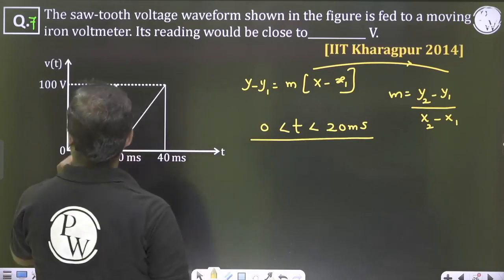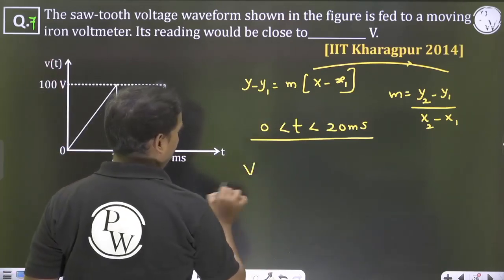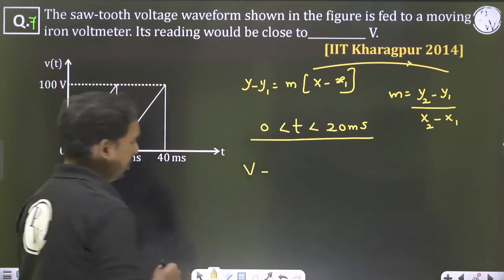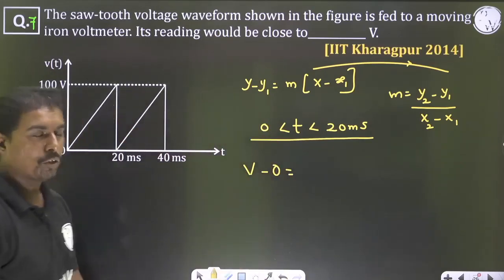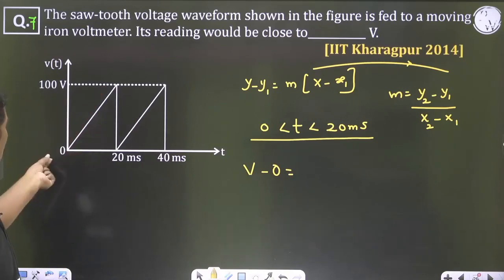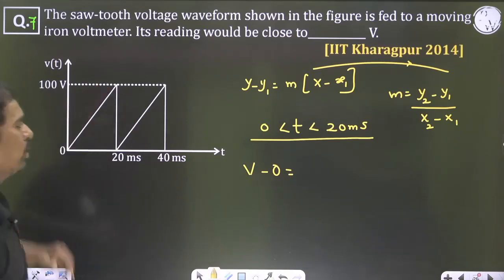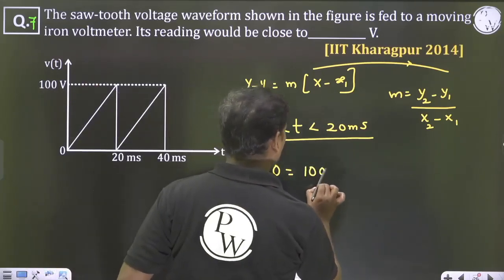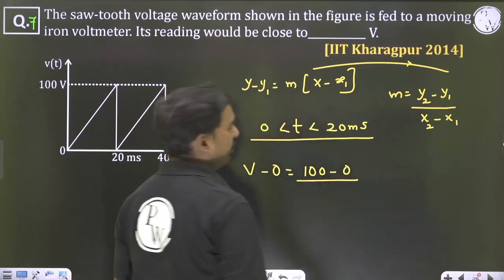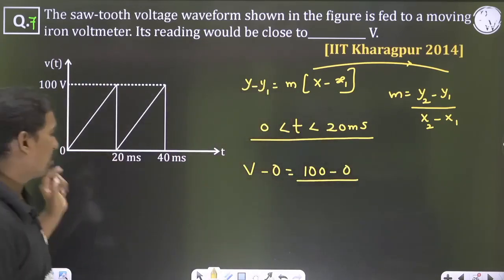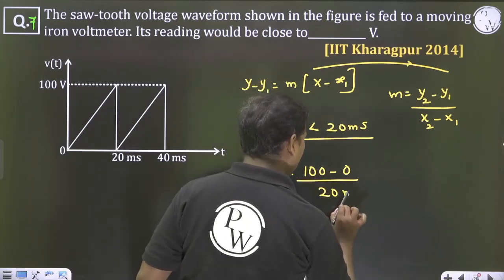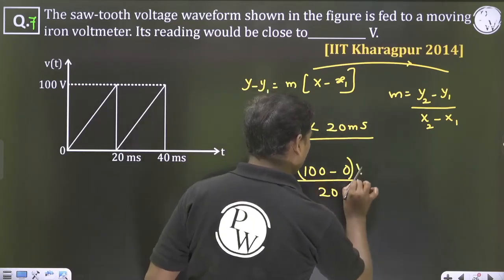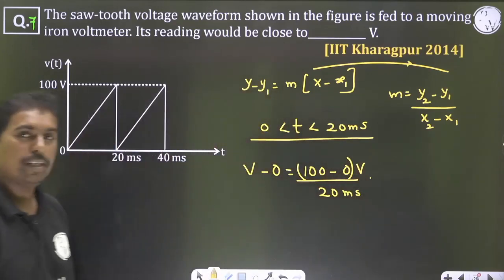What is y? That is v of t, minus y1, which is 0. m is y2 minus y1, divided by x2 minus x1. This is x1, y1 and this is x2, y2. So this is 100 minus 0 volts divided by 20 milliseconds minus 0, into x minus x1.